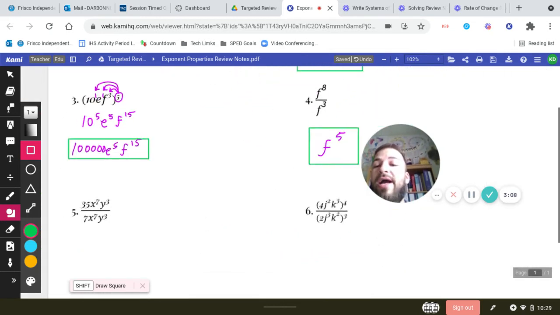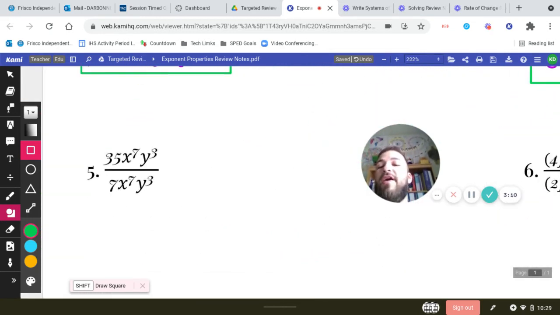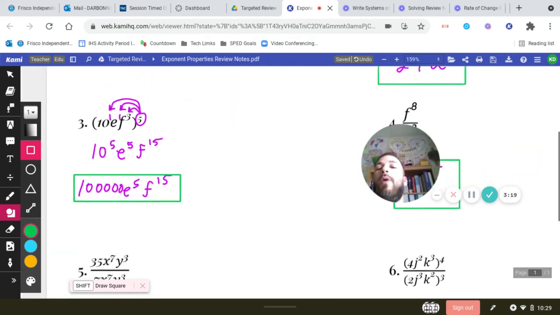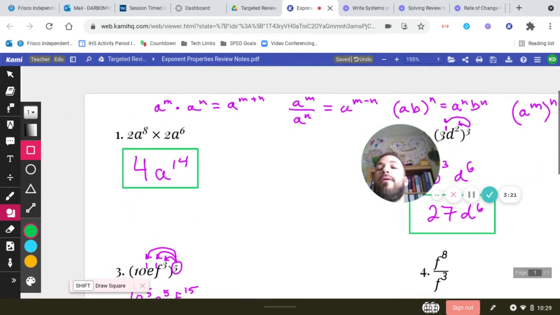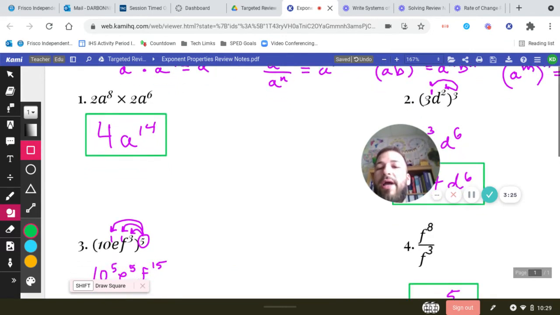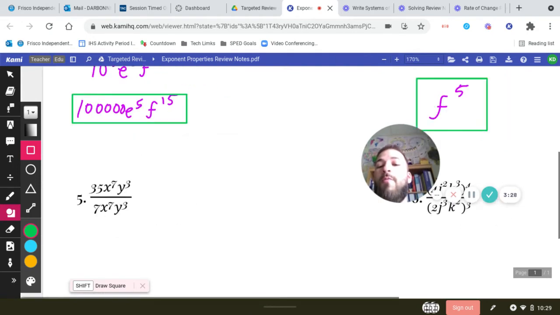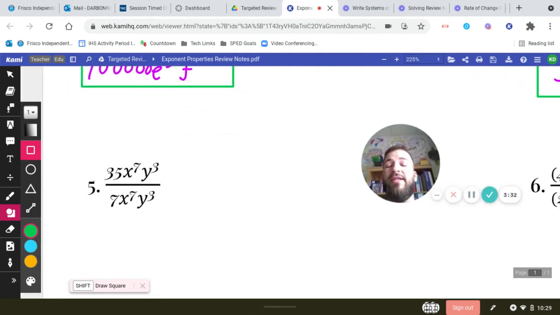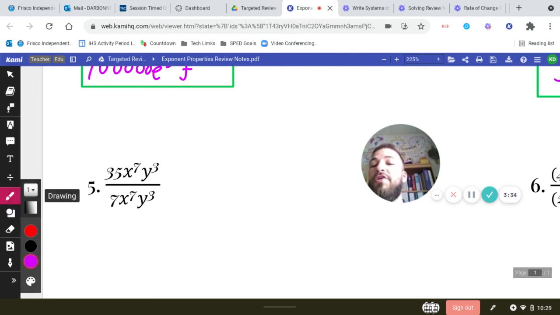Okay, same idea on number 5. But now we have multiples. We have x to the 7th, y to the 3rd, and we have this 35 over 7. So just like up in number 2, where when we had numbers by themselves, we just multiplied them because everything is being multiplied. In number 5, when we have numbers by themselves, we're just going to be dividing them because everything is being divided. So 35 divided by 7 would just be 5. Okay.